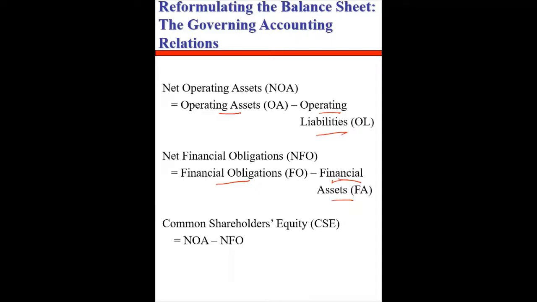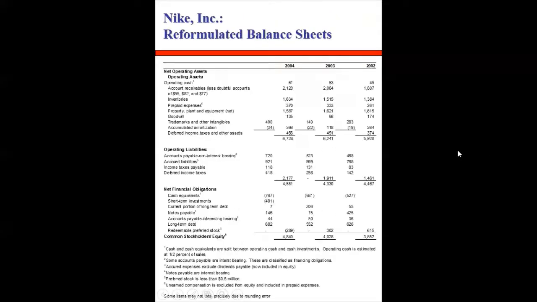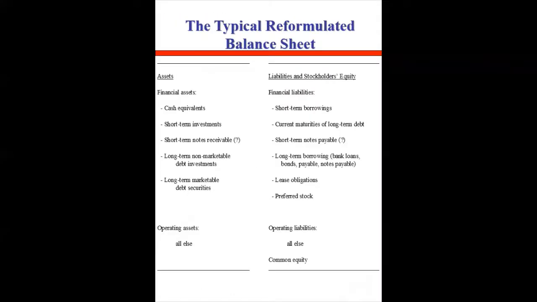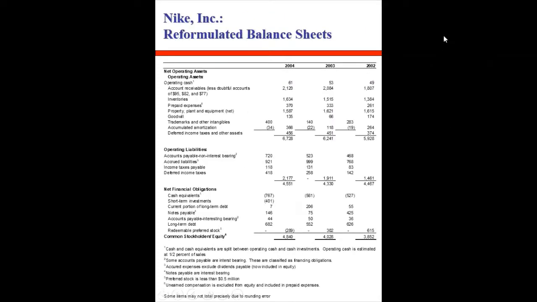You probably can recall what financial liabilities we talked about in the previous class, and we showed you some financial liabilities. When we have the liabilities and shareholders' equity, we'll see that there are some operating liabilities, there are some financial liabilities.